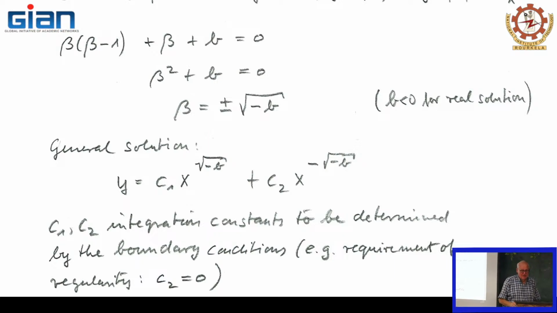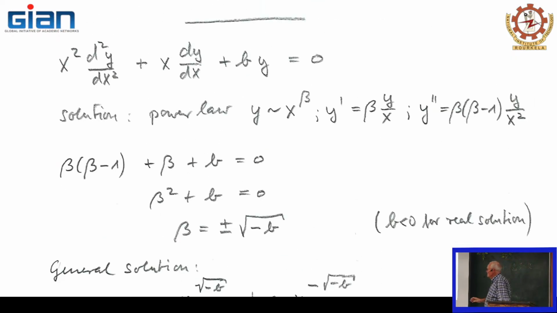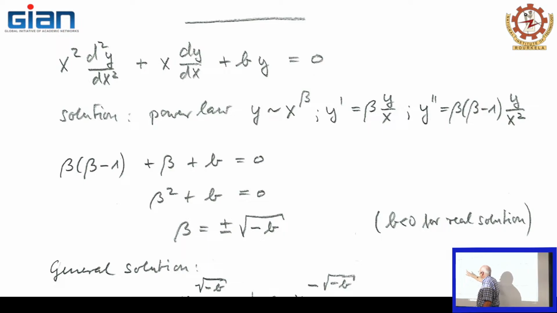X equal to 0 is a singular point because in this case the coefficient vanishes like x squared, and this is the second order, so it vanishes with the same power as the order of the differential equation.